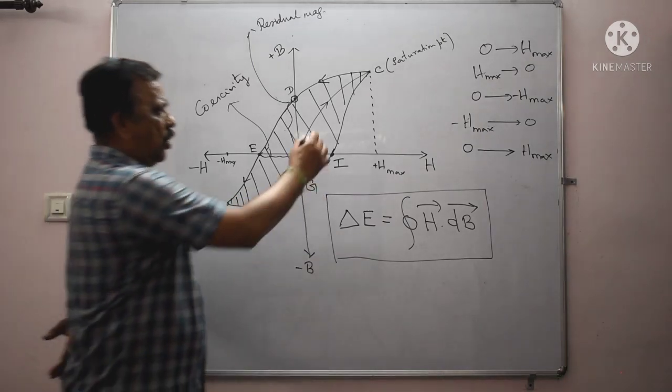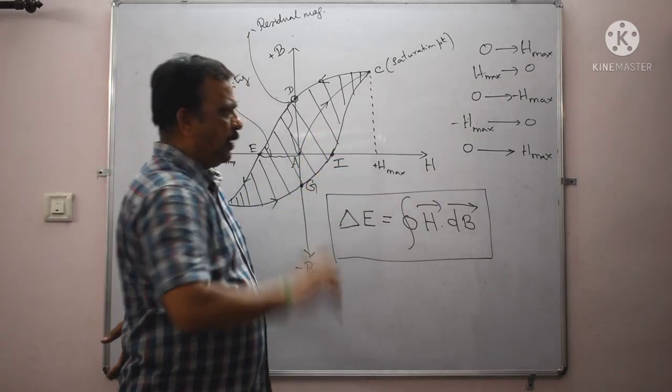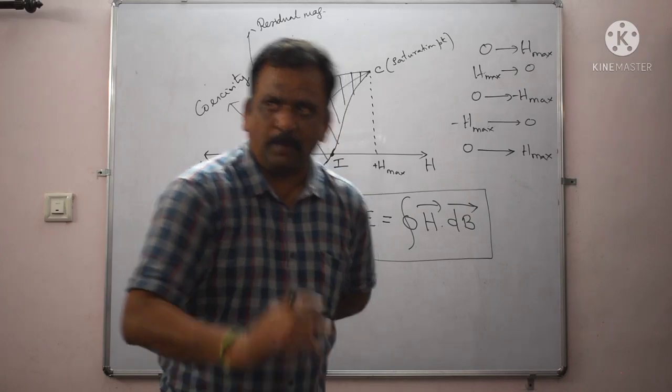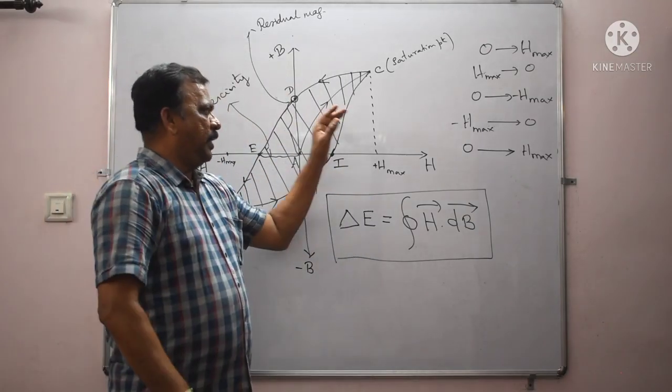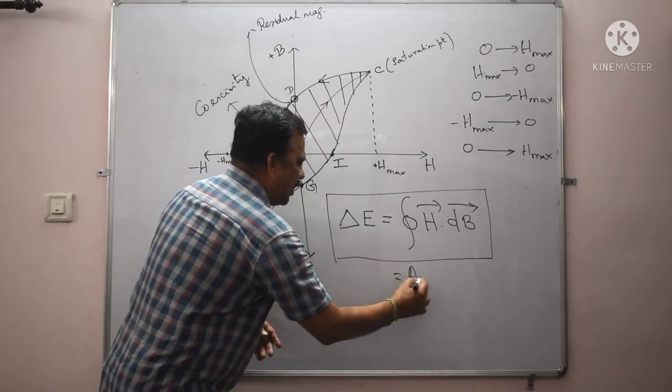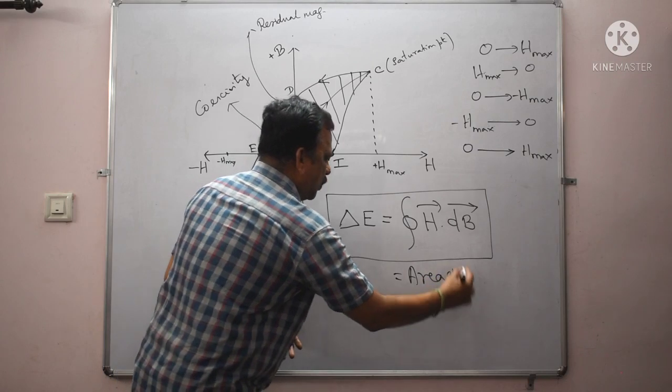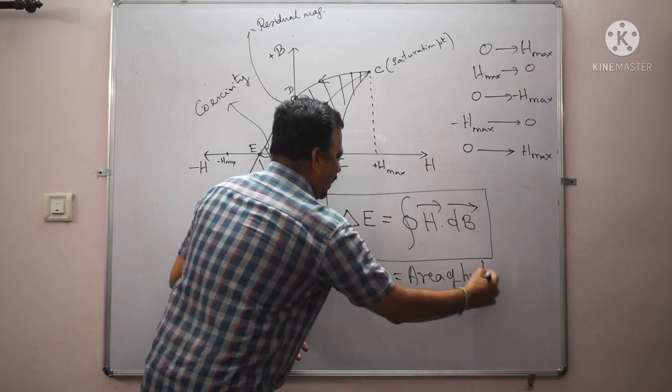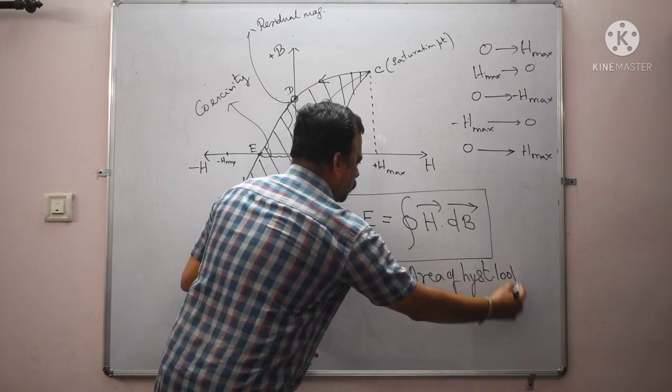So the energy lost during one complete cycle of magnetization of a ferromagnetic material will be equal to the area of the hysteresis loop.